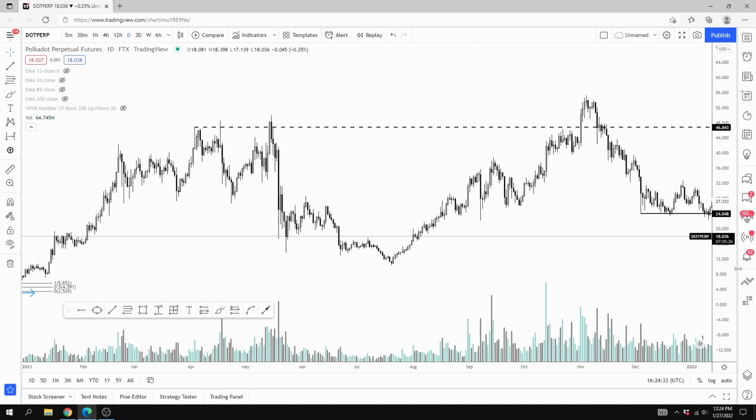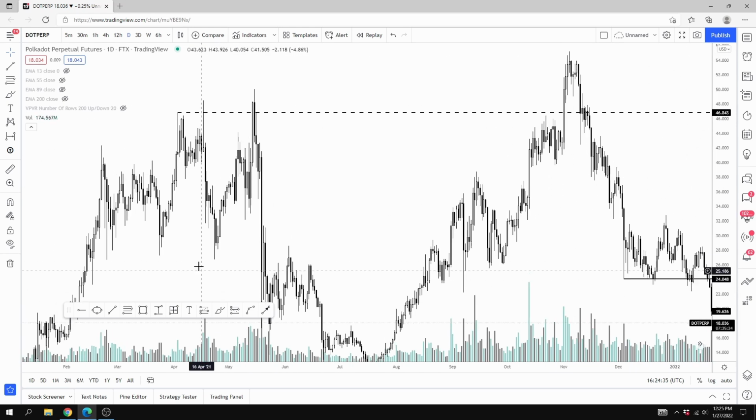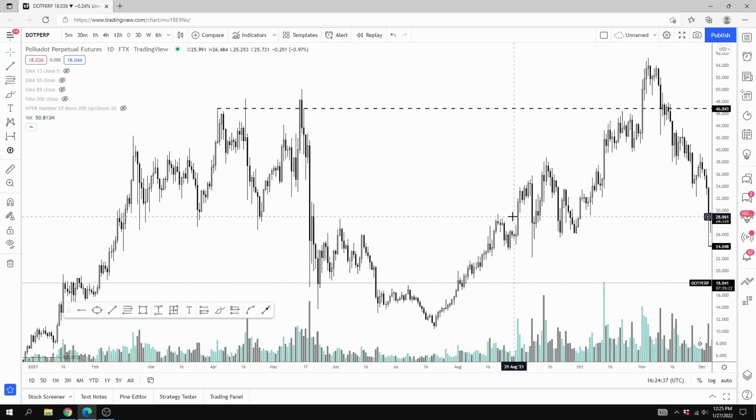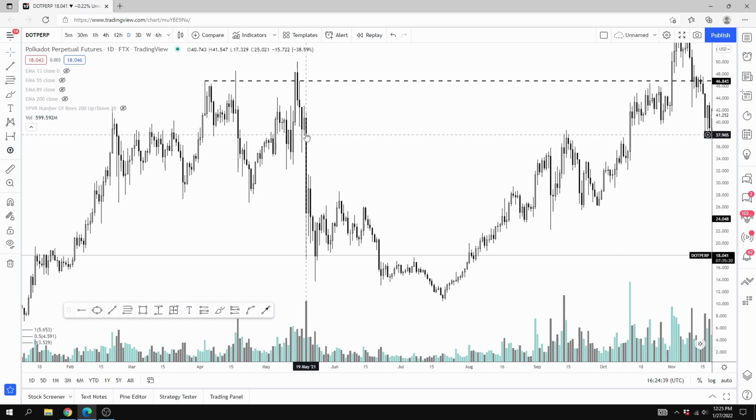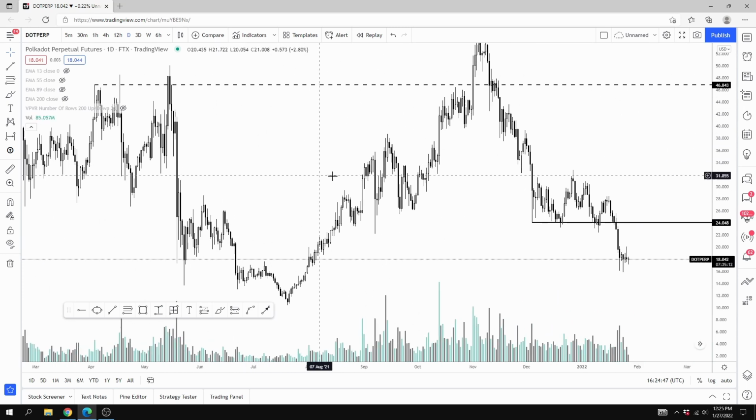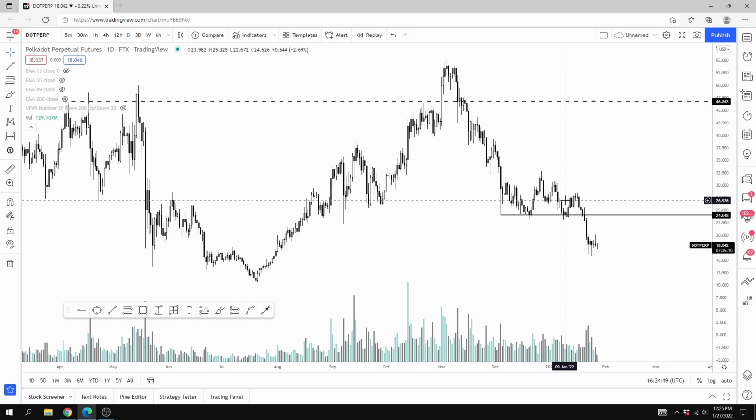But as I said, every single bottom is different. Like that bottom that it had at the end of the summer of 2020 is different than the one in May of 2021. Again, this is the similar one to AVAX that we saw before. So what am I looking at in terms of this current market structure? This market structure obviously is different than what we saw in May, right? Because May was just a total big shakeout where we see negative 70% within a week, and then we're just done.